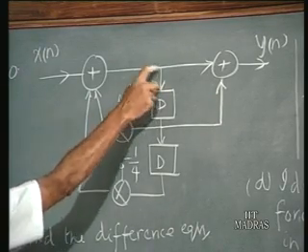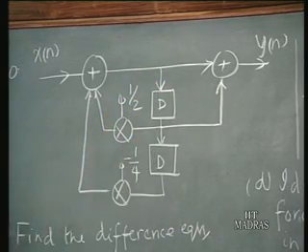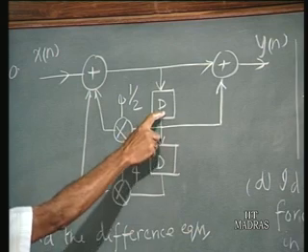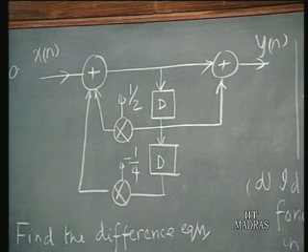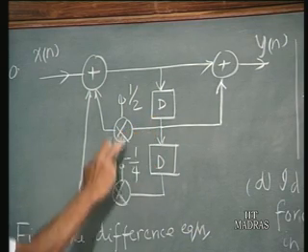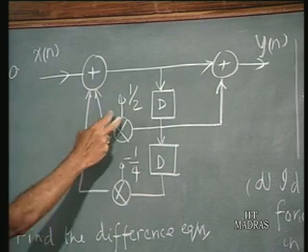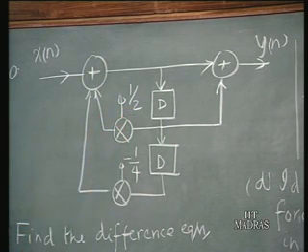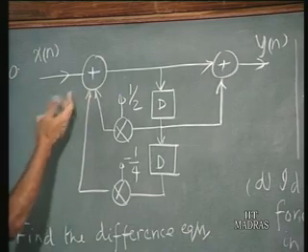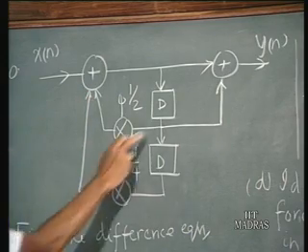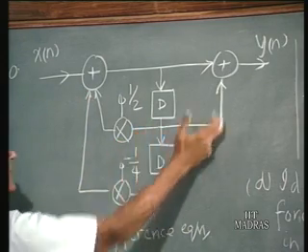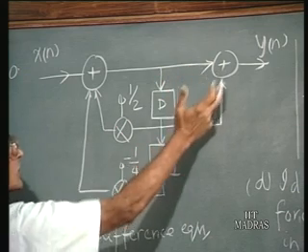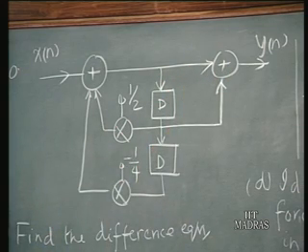Whatever signal is coming here is delayed by 1 unit in this delay unit and another 1 unit in this delay unit. The two delayed versions are multiplied by coefficient multipliers, with coefficients half and minus 1/4, and the outputs are fed to this adder, and the signal at this point is fed to this adder. These two together will contribute to y[n].